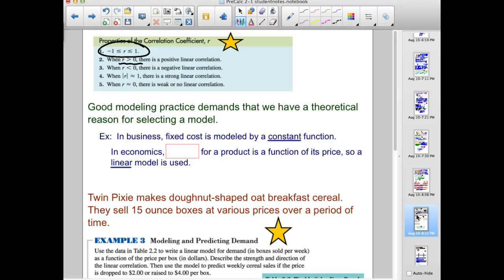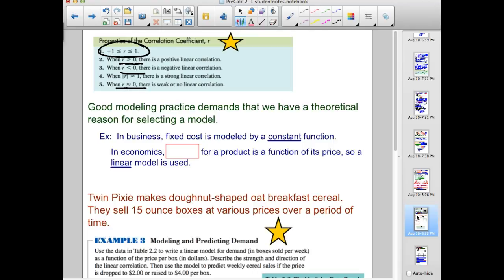If your R value is something positive, but maybe not all the way to 1, then you have a positive linear correlation, and the closer you get to 1, the stronger it is. If R is negative, we have a negative linear correlation, and again, the closer you get to -1, the stronger it is.